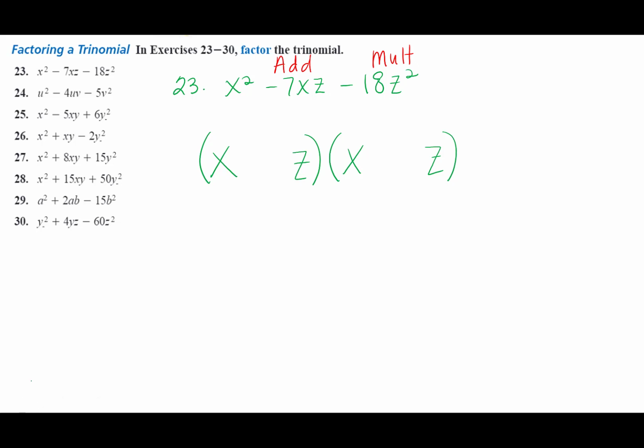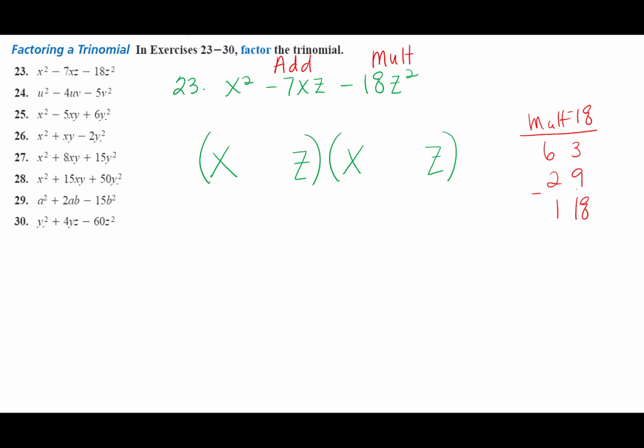But let me show you how we're going to come up with the numbers. We need to find two numbers that add to -7 and multiply to -18. The easiest way to do this is to first start with what multiplies to -18. This could be 6 and 3, 2 and 9, and 1 and 18.